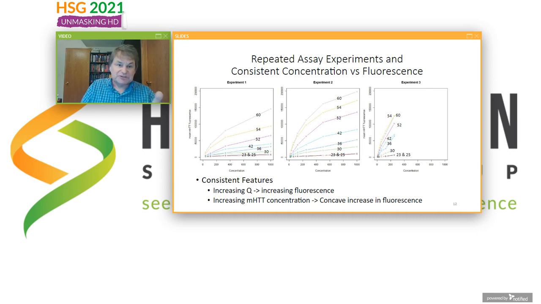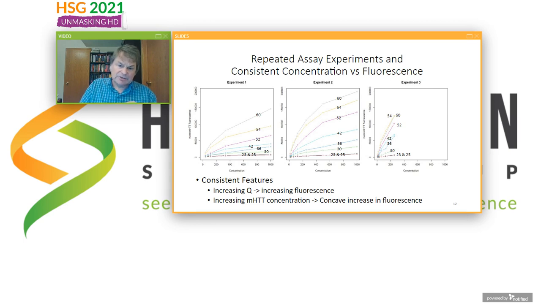First of all, the fluorescence is going up with increase in mutant Huntingtin, so that's reassuring. But again, it's very obvious here, the numbers are the known Q lengths of these control samples, and the amount of fluorescence depends pretty heavily also on the Q length once we start getting into the range that is relevant for Huntington's disease.